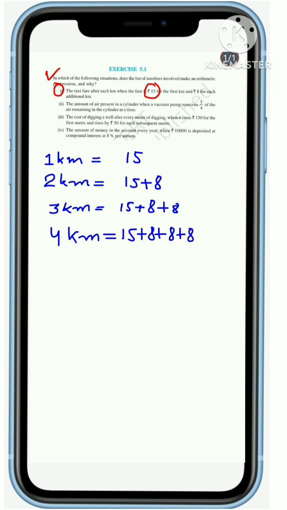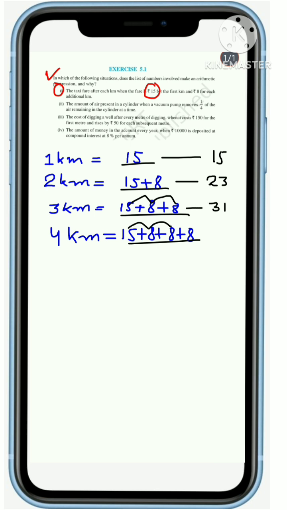Now after adding this all we obtain new numbers. Okay, firstly 15 as it is, 15 plus 8 is 23, and 23 plus 8 is 31.